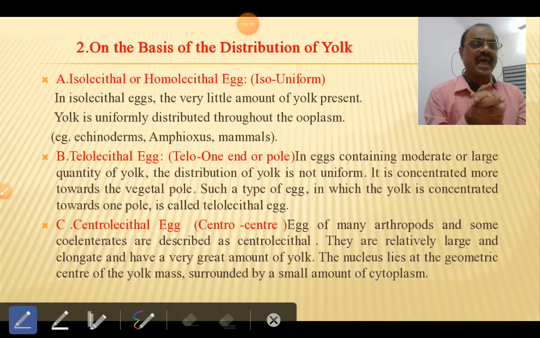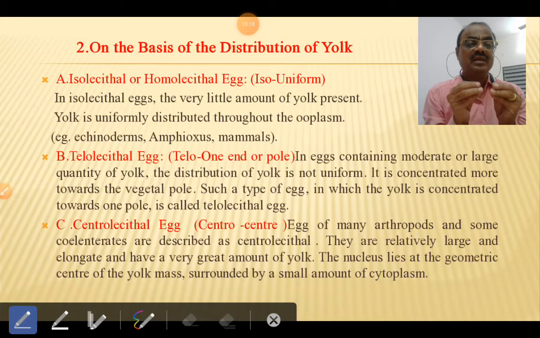When you see the eggs of arthropods and coelenterates, you will find that the nucleus which is present slowly migrates toward the animal pole. The eggs are elongated and have a great amount of yolk.